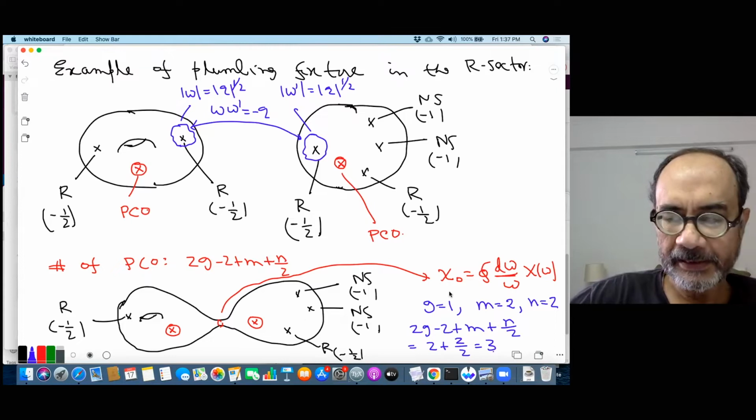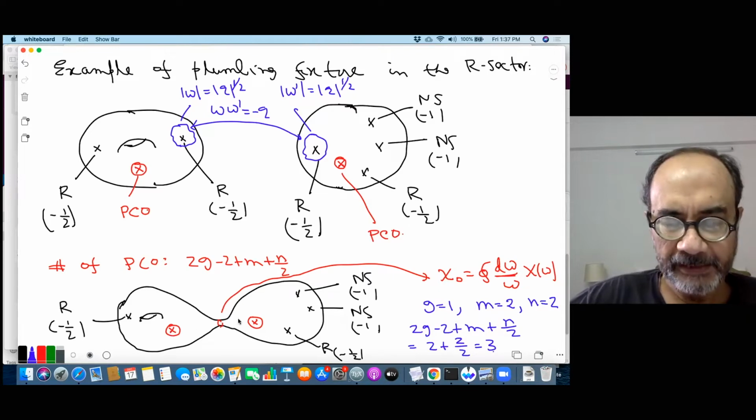So it was essential that you insert this chi. We have to insert an extra chi somewhere, because the PCOs which are inserted on the original two Riemann surfaces are not enough to make up for the total PCO that is needed on the glued surface. And this is the prescription, that you put the PCO on this neck as an average.